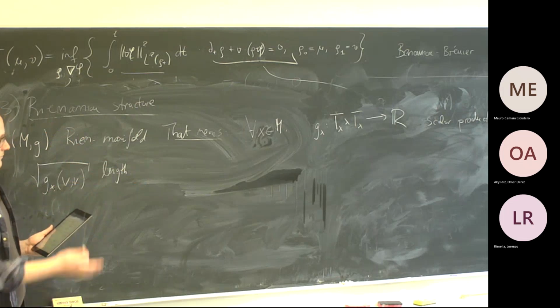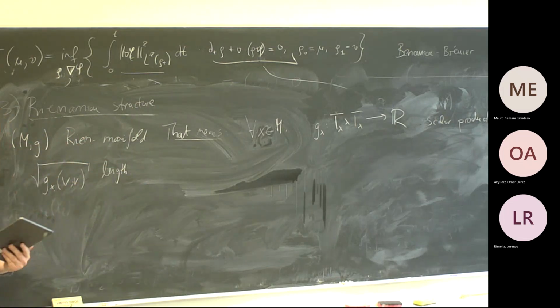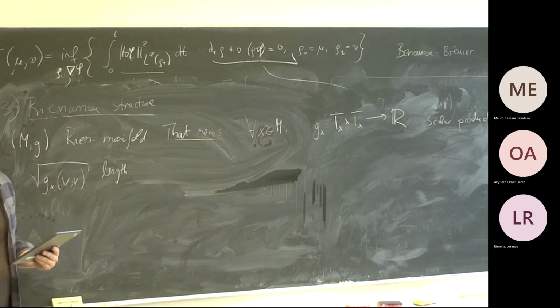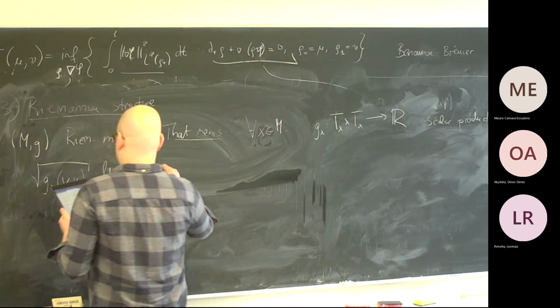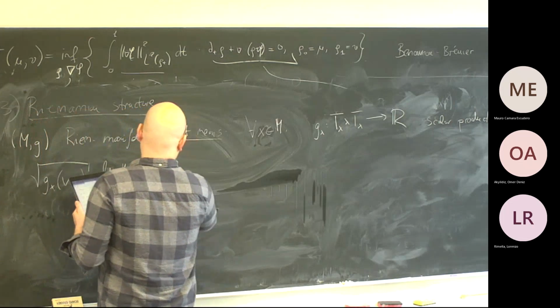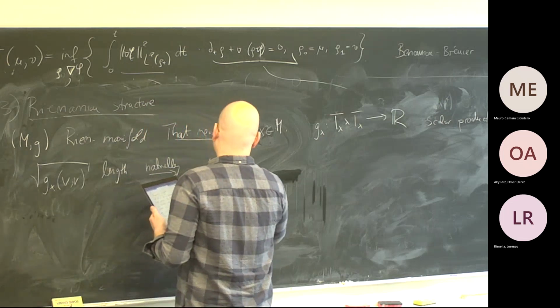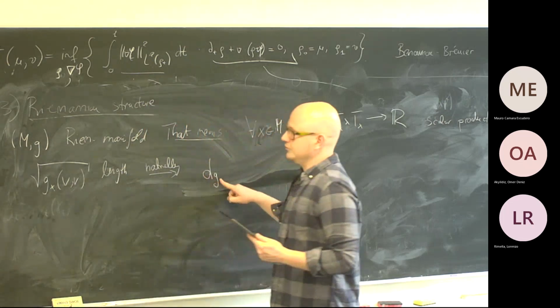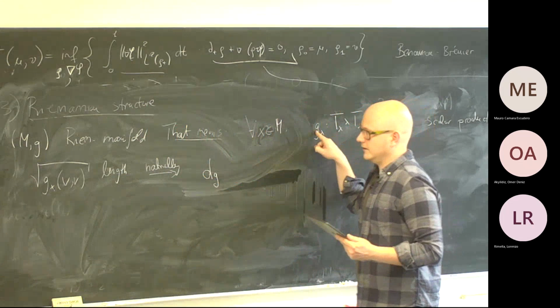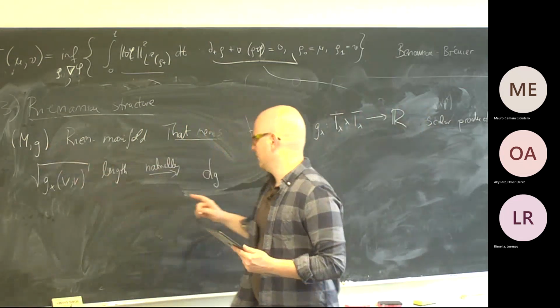Okay, and then naturally from this, we can define a metric on the manifold. So this sort of naturally leads to a distance or metric that's induced by this Riemannian metric.